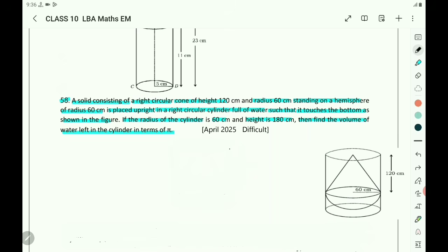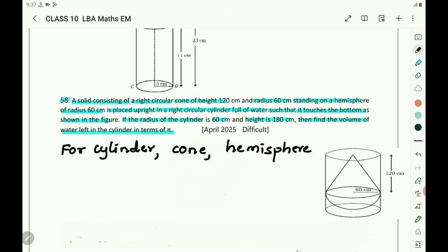By using that, it is possible to get the volume of each. So write for cylinder, cone, hemisphere, r equals same, that is 60 centimeter.